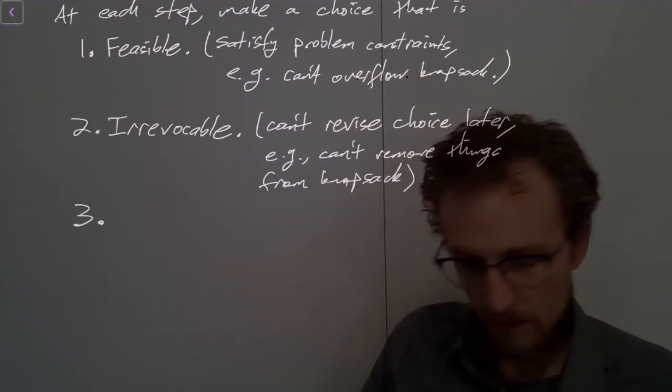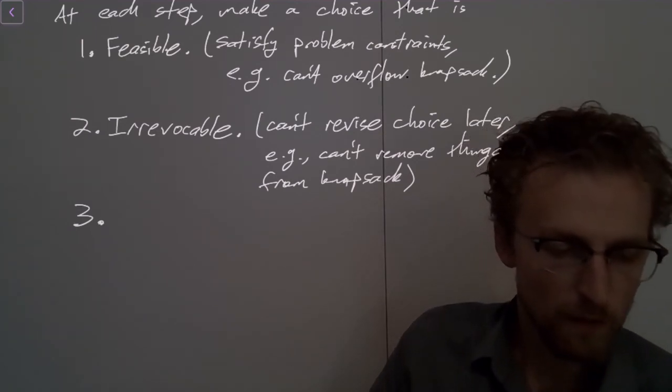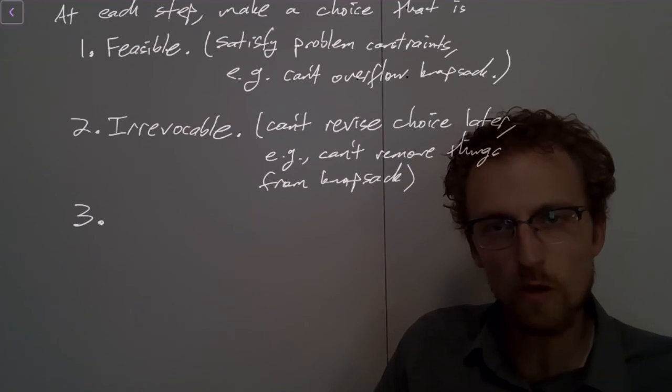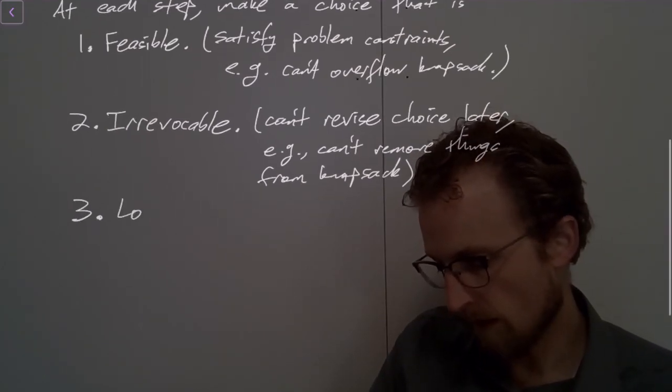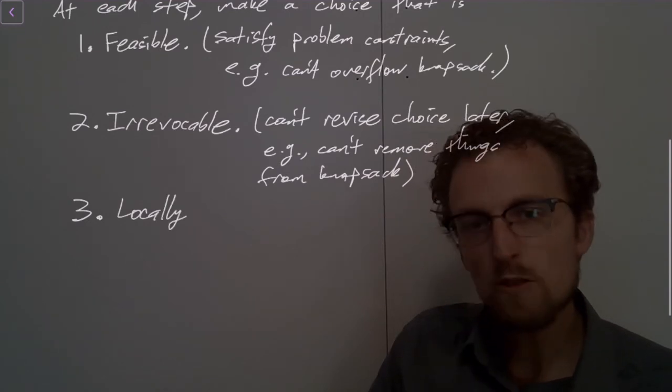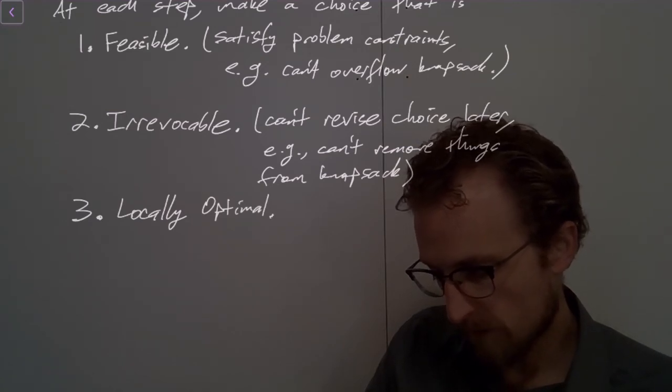And then 3, and this is what really makes it greedy. The other two are necessary, but what really makes it greedy is that the choice has to be locally optimal. That's a fancy way of saying it does the best we can in one step. So what does locally optimal do?